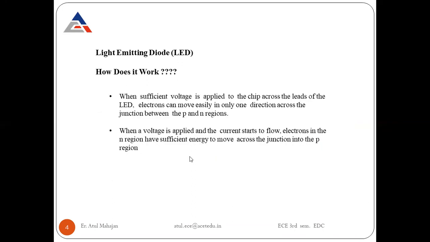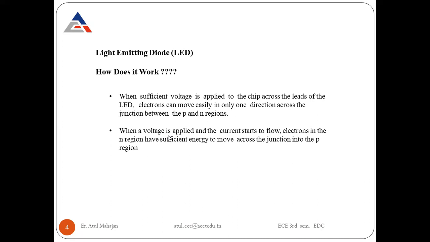Okay. Now, how does this LED work? When sufficient voltage is applied to the chip across the leads of the LED, the amount of voltage required for the normal functioning of the LED, electrons can move easily in only one direction across the junction between the P and N regions.